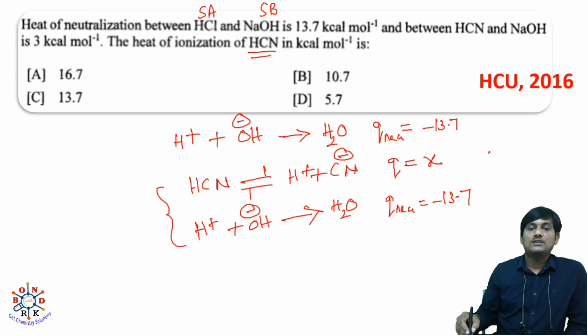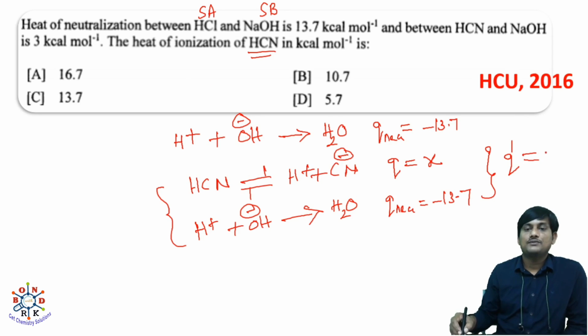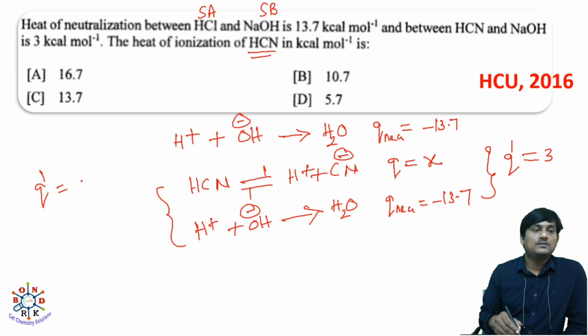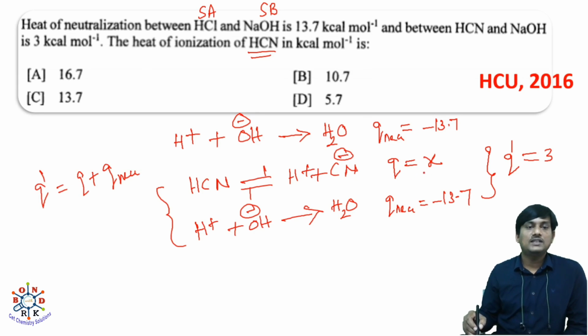Here the final value is given. For these two steps, what is the Q value? Okay, let us take Q dash is equal to 3 kilocalorie per mole. 3 is given. So the Q dash is equal to Q plus Q neutralization. So these are the two steps which are involved in the neutralization of HCN with NaOH.